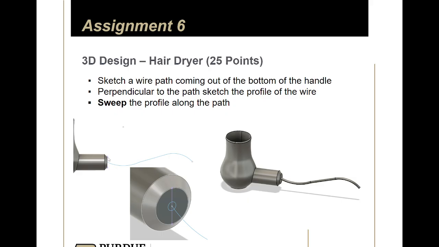So the profile is the thing that you want to be extruded along the path. And then the path is the path for the profile to follow. So you can see there's this circle here. That's going to be our profile. And then this squiggly line is the path that it's going to follow.